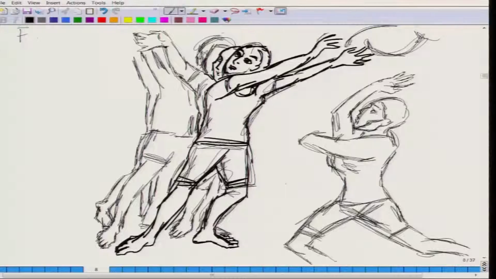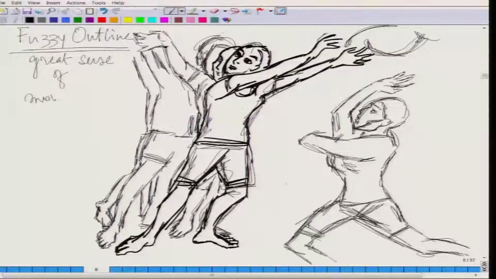A fuzzy outline in a drawing gives a great sense of movement. And it is very interesting to see how the fuzzy outline can be contrasted with some stable forms.